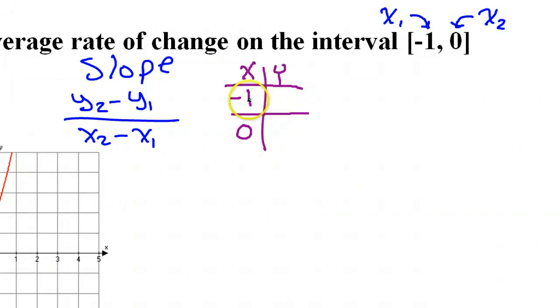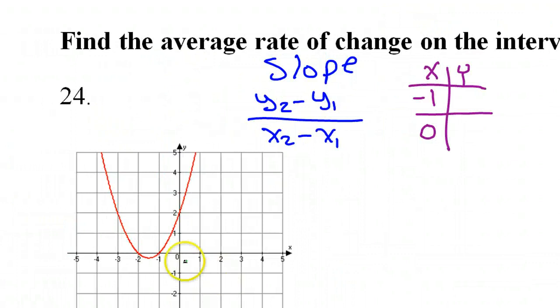So let's go to an x value of -1 and look around. At an x value of -1, the function is right on the line. So what we have here is -1 comma 0.